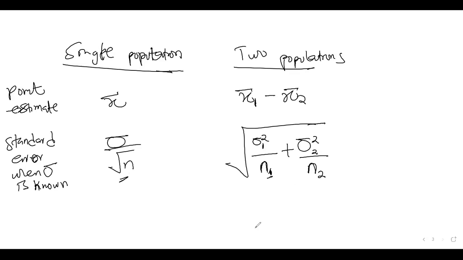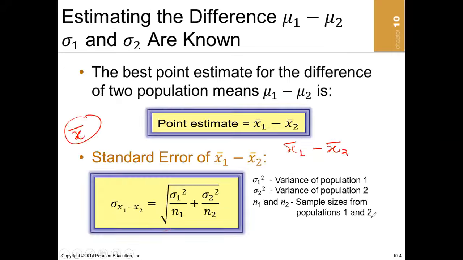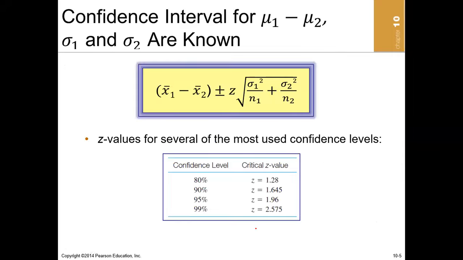Now, this means that if I want to find the confidence interval, remember, every confidence interval is a point estimate plus or minus the critical value times the standard error.